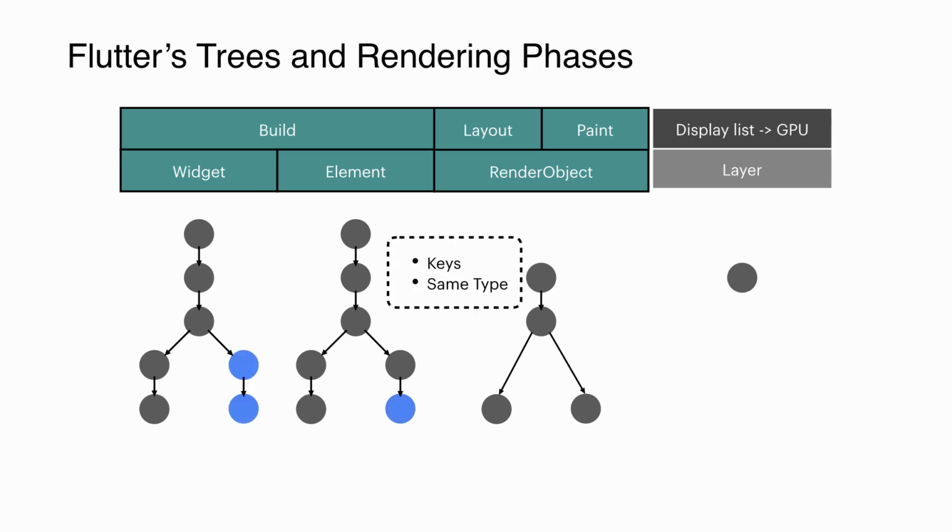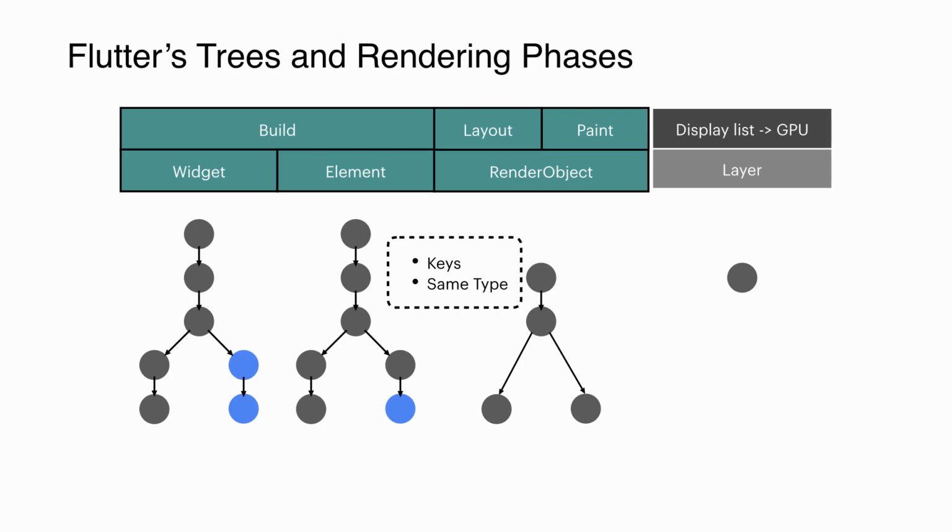And then for the element tree, if we only change a part of the widget tree, then only a part of the element tree will be updated. So instead of going from the very top of the tree all the way down and updating everything and changing all of the configurations, we only do that for the necessary part that we know has changed.